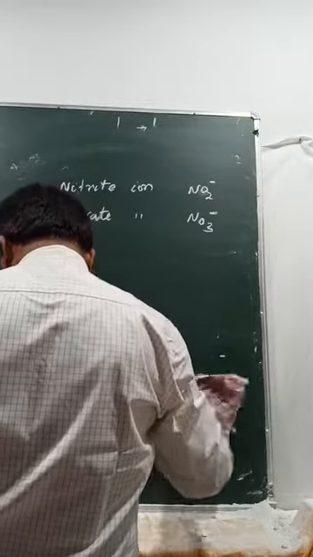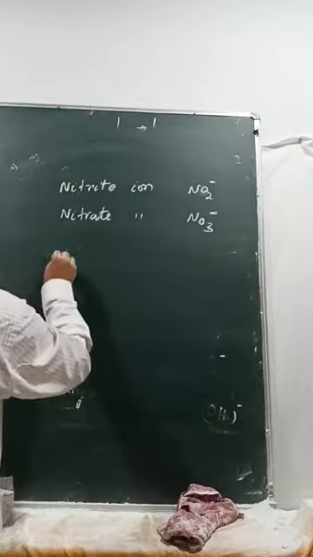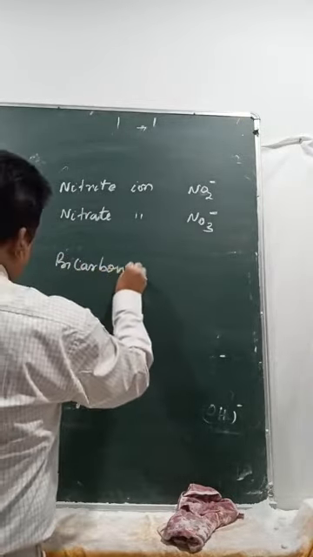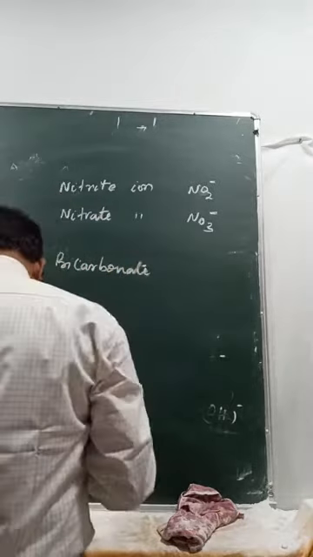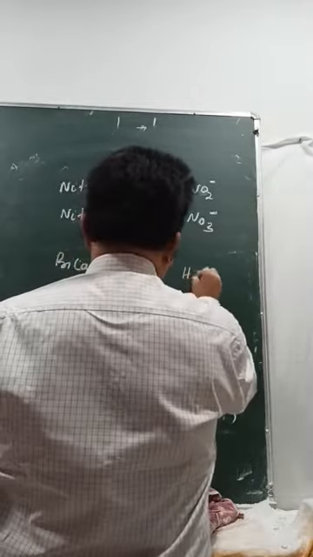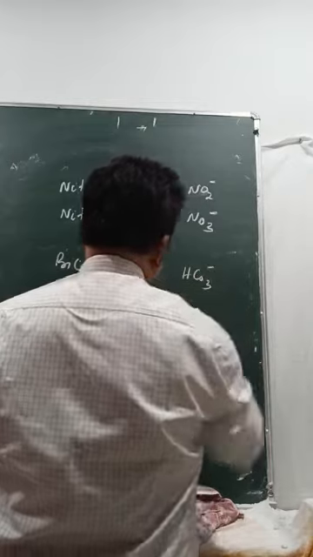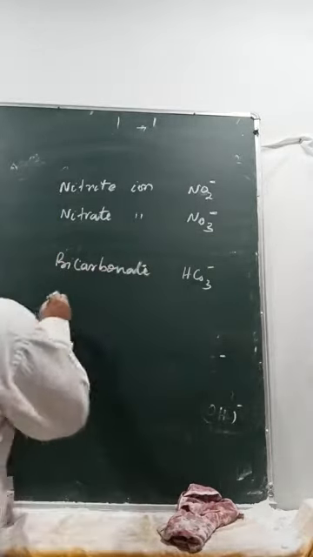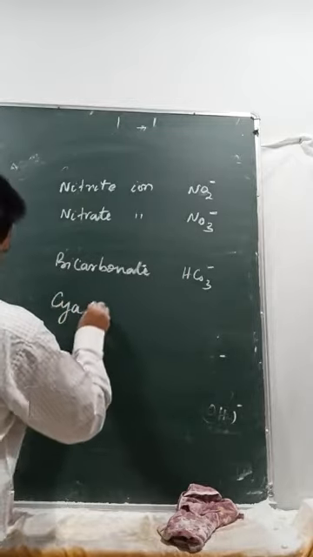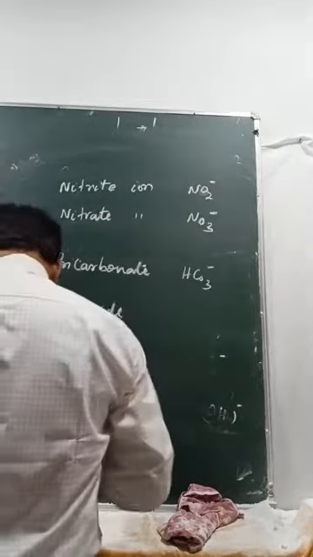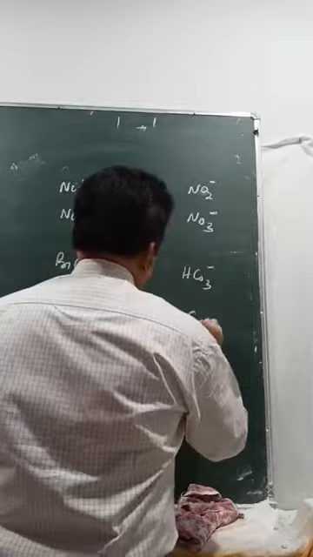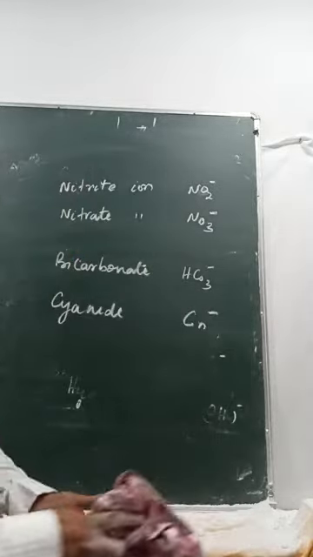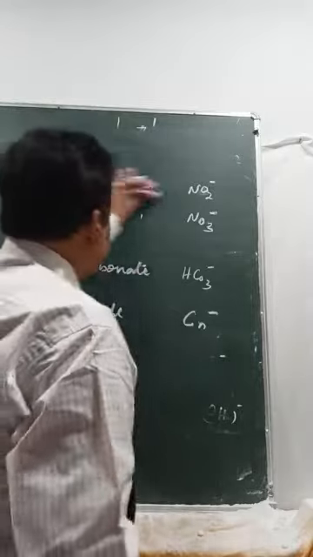Bicarbonate, that is HCO3, sometimes you call it hydrogen carbonate. Then comes cyanide. Okay, these are monovalents.